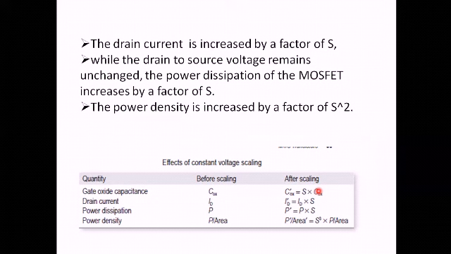Under constant voltage scaling, the changes in device parameters are significantly different compared to those in full scaling.